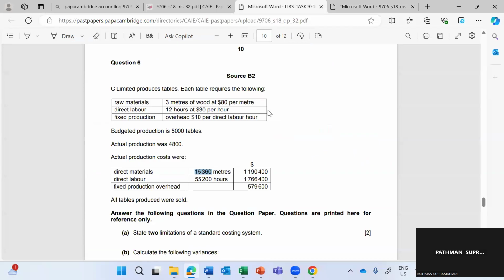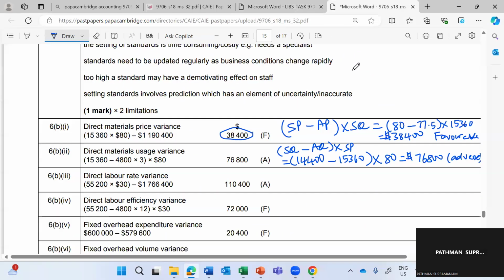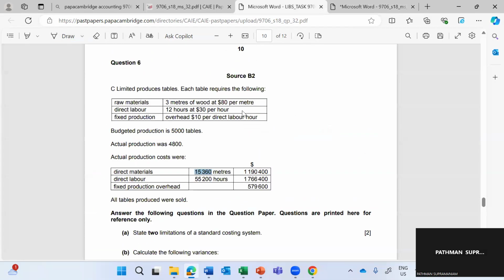Okay, next we work out the direct labor rate variance. So standard rate minus actual rate times actual hours. The standard rate is $30 per hour.